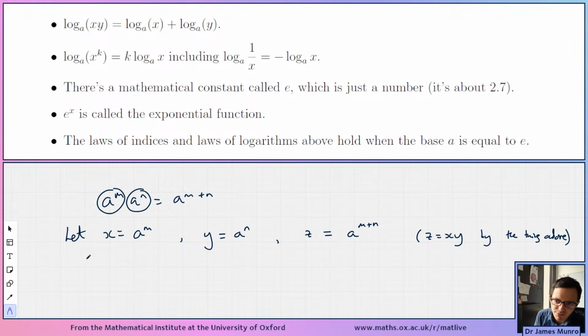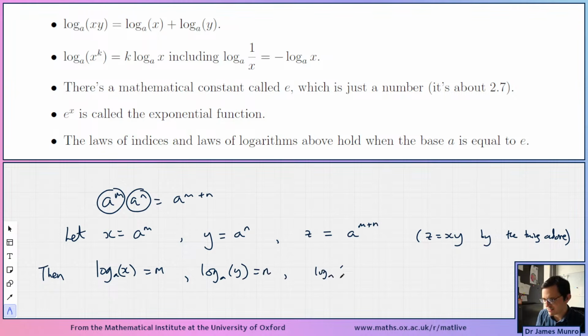Then in terms of logarithms, what do these mean? So this one says that log base a of x is m, log base a of y is n, and over here, log base a of z is equal to m plus n, which is a bit mysterious until you realise, oh, this is fine.